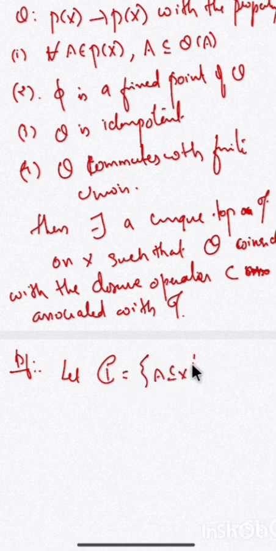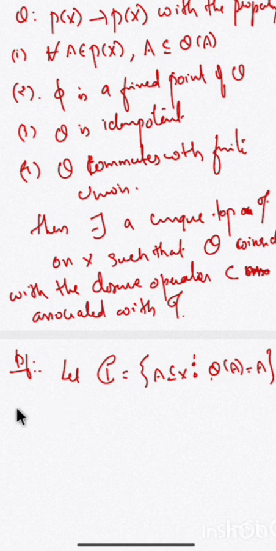We are considering theta as a function from P of X to P of X. So theta maps every subset of capital X into another subset of capital X. When theta maps some subset of X into itself, that kind of set belongs to this collection. Now I am going to prove this collection C has the required properties of the theorem related to closed sets.